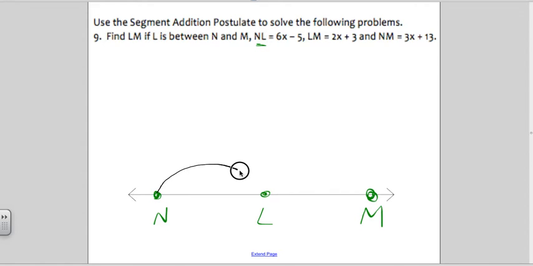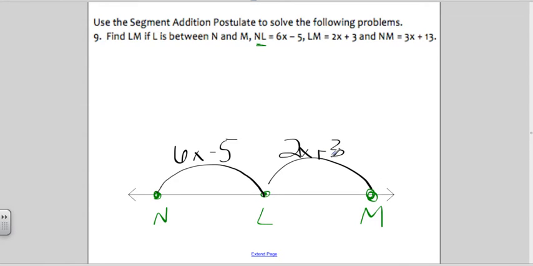So we have NL is 6x minus 5. LM is 2x plus 3. And NM is 3x plus 13.